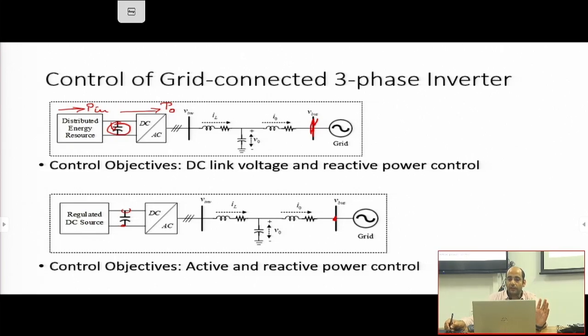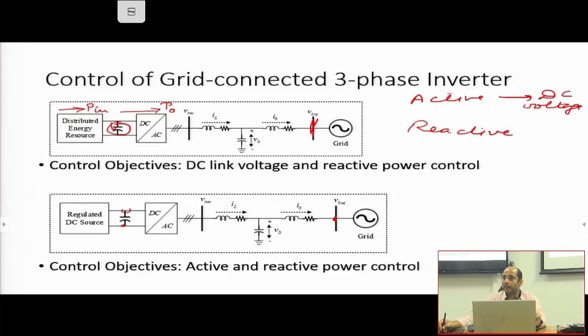All right. So now you have active power and reactive power. The reactive power is the energy carrying thing, so the reactive power will not affect the voltage. So you can have active power which is affecting the DC voltage, and the reactive power is completely independent. So your control objective can be either of the two.